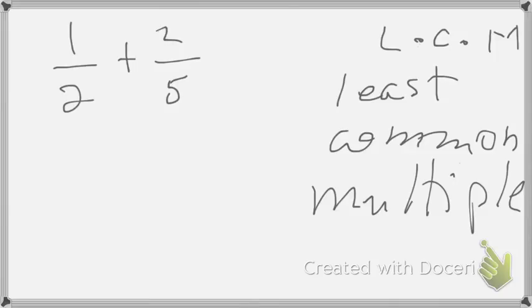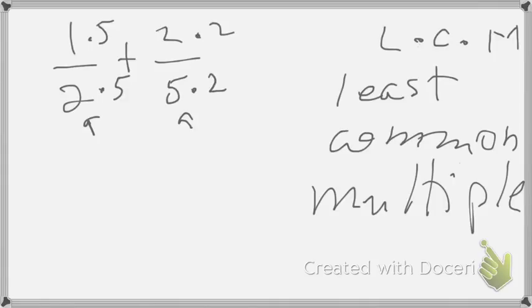So, what is the process then? Well, the process is that you must exchange this number and this number and do it both on top and bottom. So this one gets the 5 and this one here gets the 2.